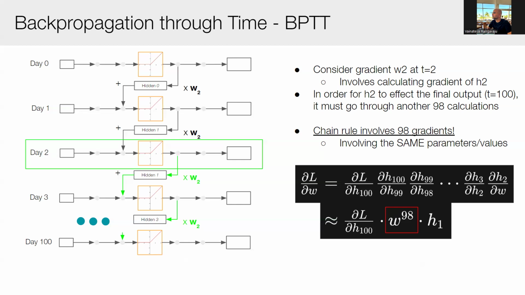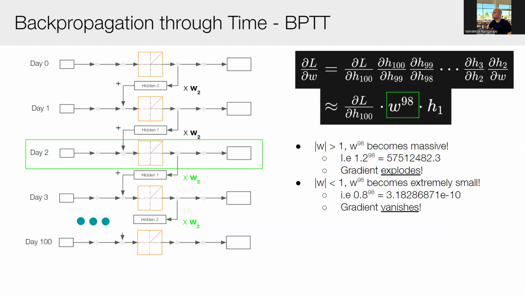Now, this is the problem, because even if that weight was something small like 1.2, that gradient is going to become massive, just by how algebra works. Conversely, if the value was anywhere from 0 to 1, then after taking it to the power of 98, with even 100 in a sequence, which is not even enough to predict anything, we're going to have an extremely small gradient.